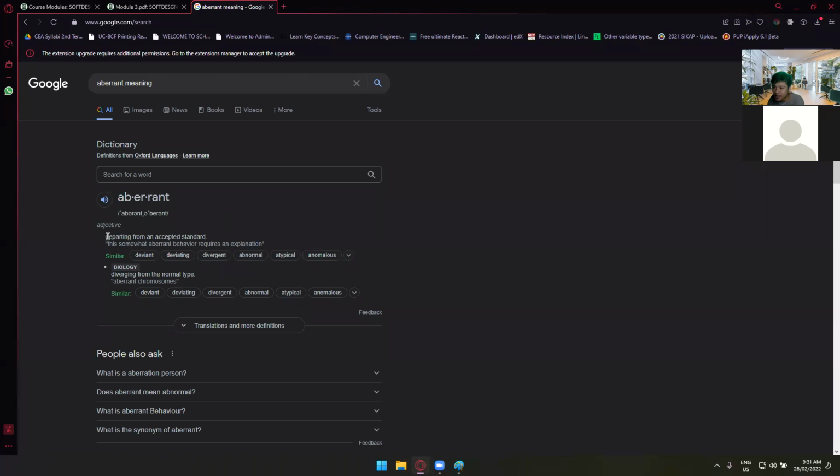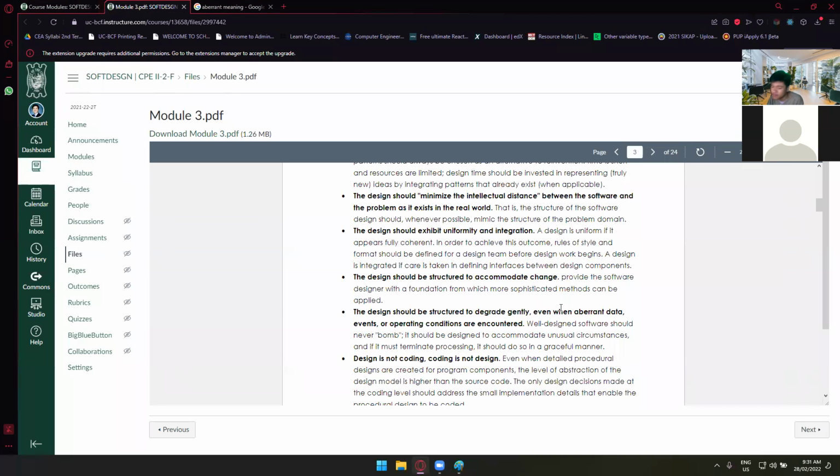So my way of understanding the word is not correct. It says here that aberrant is departing from an accepted standard. So it's now far from the standard that we have been used to. But still these may be helpful.